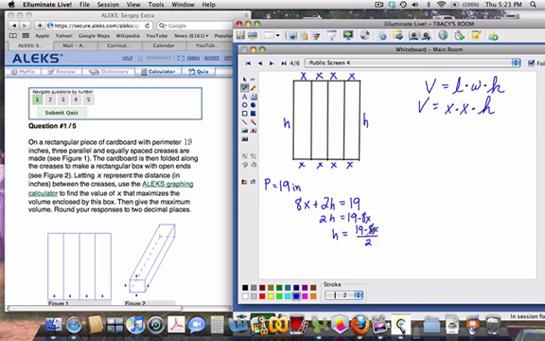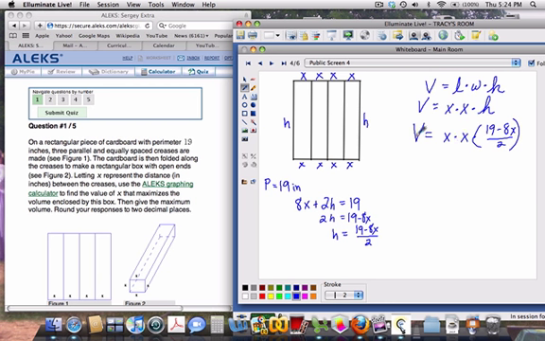Okay, so you're going to replace in your formula. If you want, you could go ahead and multiply those together and say x squared, or you can leave them like this. It's really up to you. We'll just leave them since we're going to plug that into the calculator. Now this is the volume formula. We only have x and v in our formula.